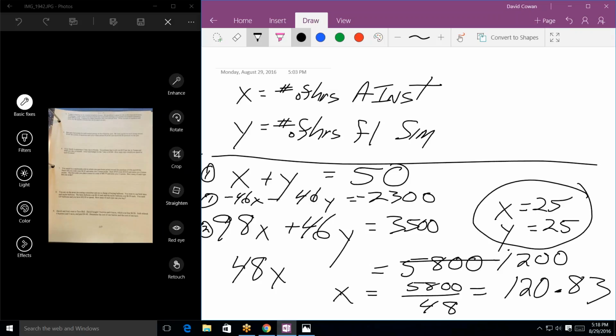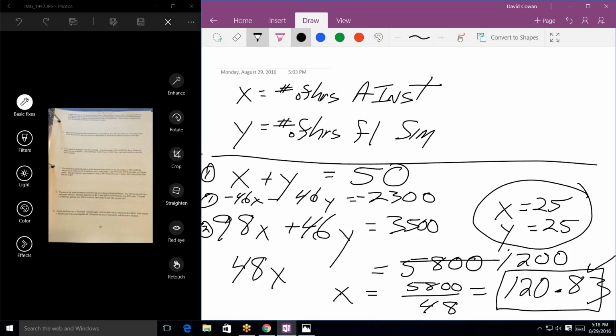Now, there was an important lesson we learned here. When we got a strange answer, which is the first one I got, there were two things that were strange about that. First of all, it wasn't a whole number. That bothered me. Then when we tried to solve for the other variable, we got a negative number. That means that's an impossible answer.